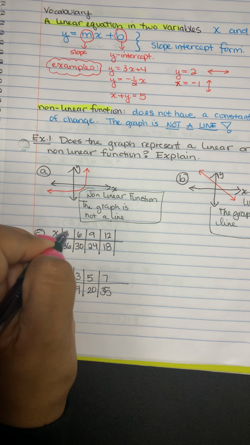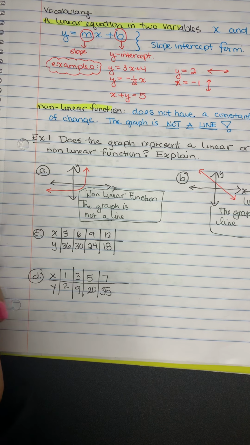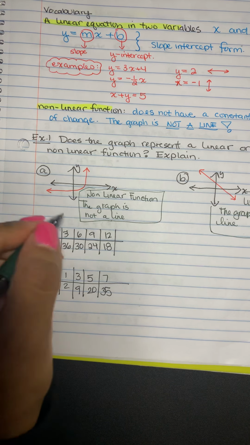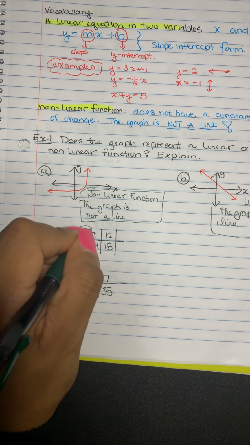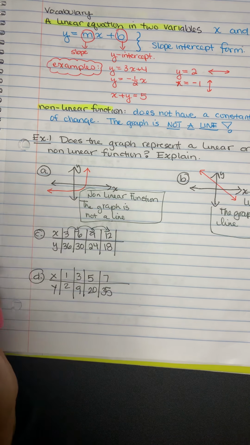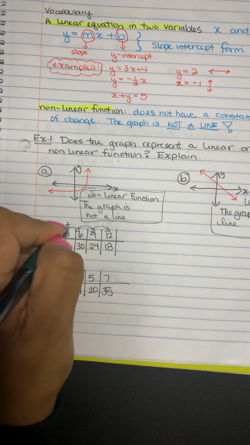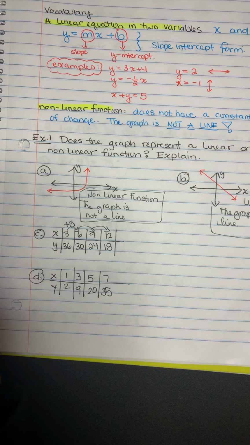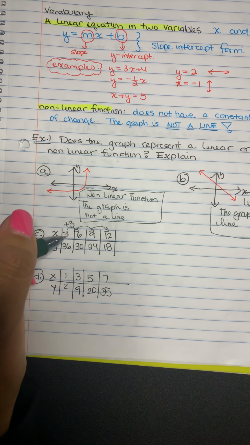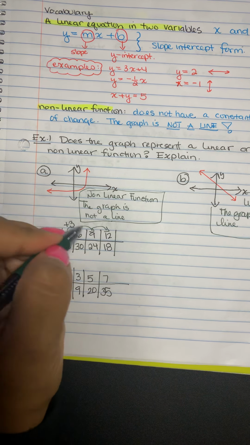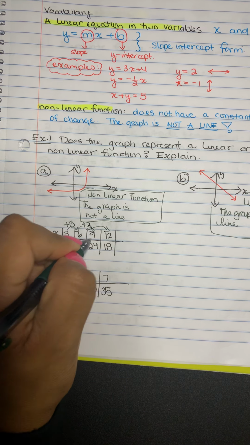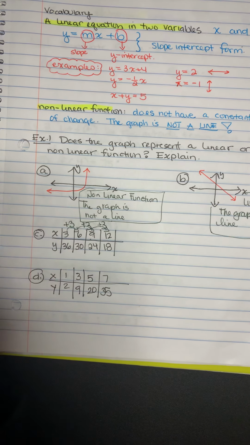So you're asking yourself, what do I need to do to get from 3 to 6, 6 to 9, 9 to 12? What number? And it looks like the number that I'm adding is 3. So let's check our work. 3 plus 3 is 6. 6 plus 3 is 9. Good. 9 plus 3, we end up with 12.